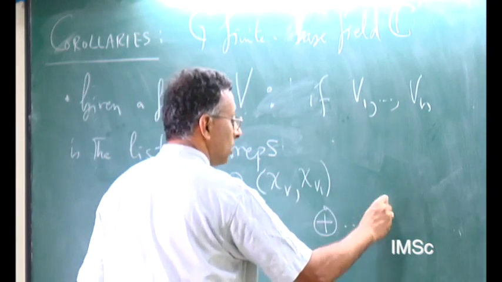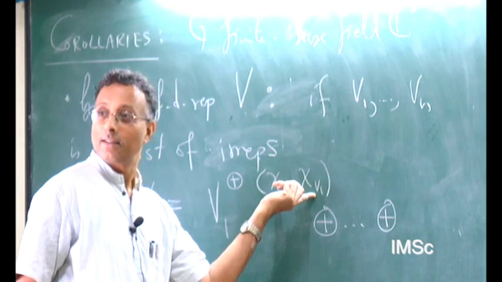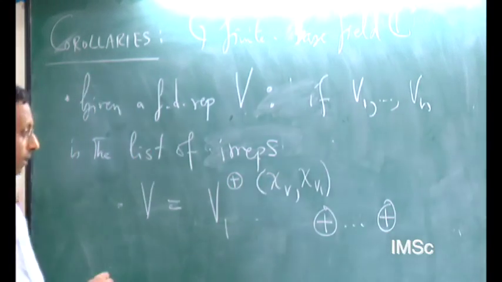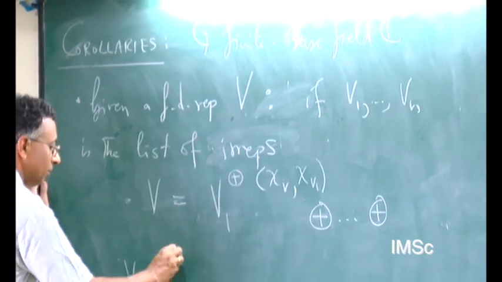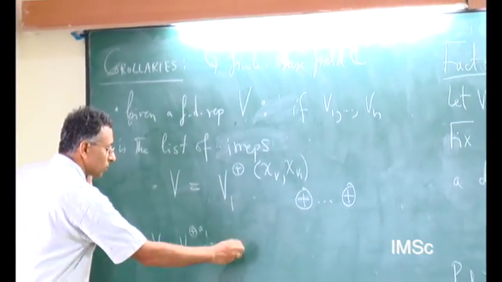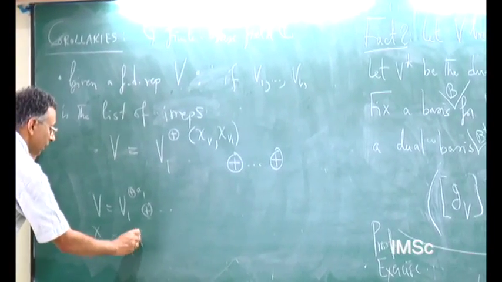So, indeed it is unique, whether you write it... so you understand, right? See, if you write it, say A1 times, then chi V will become equal to A1 chi V1, etc.